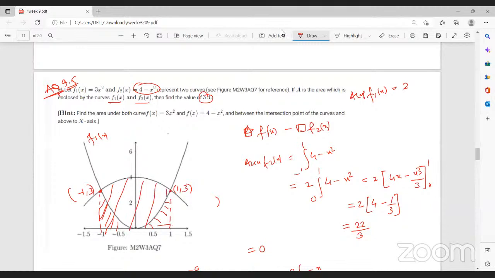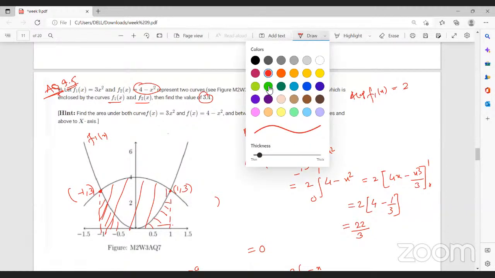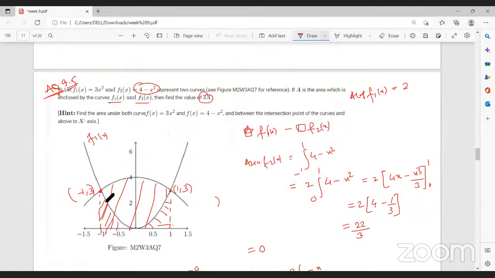Now I have to subtract this particular area. This area I have to subtract, right? So 22 by 3 minus 2. So what will I get? 16 by 3, right? This is the area enclosed by these two curves.